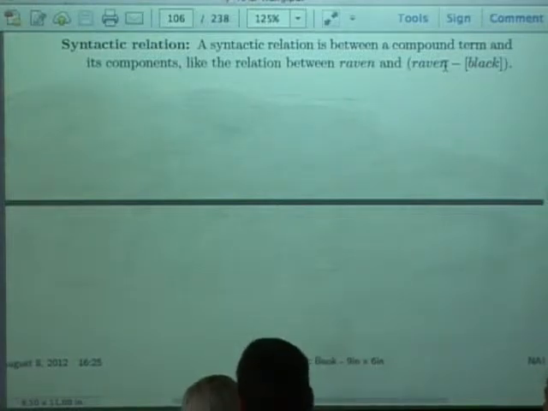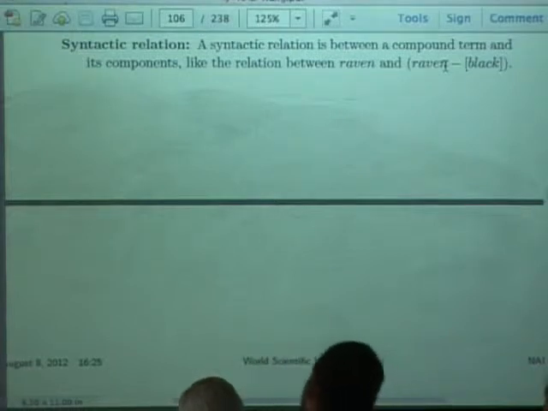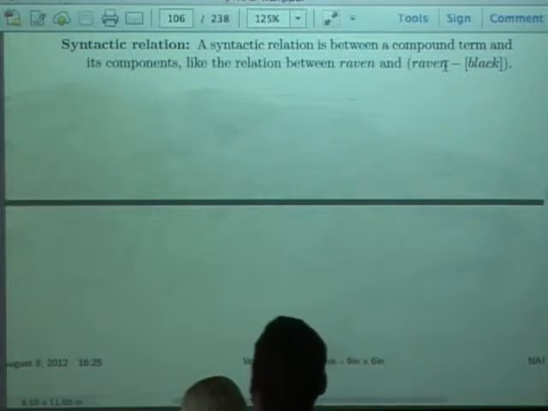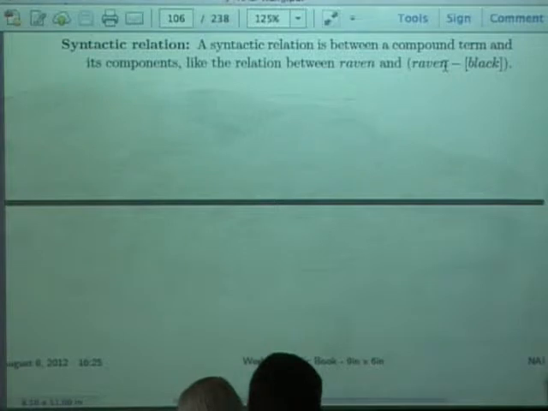For example, yellow bird is related to yellow and related to bird, right? Of course, it's just by its name. But in terms of semantics, we don't care. We just say syntactically, the compound yellow bird consists of yellow and bird. So that's what we call a syntactic relation.